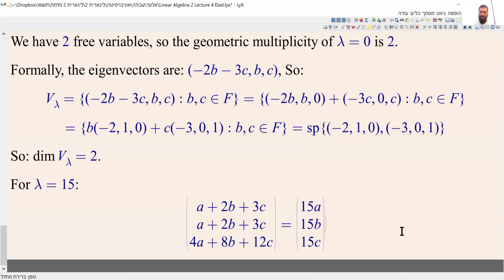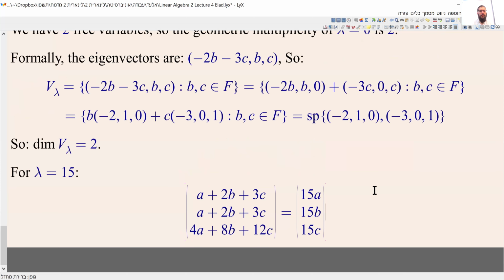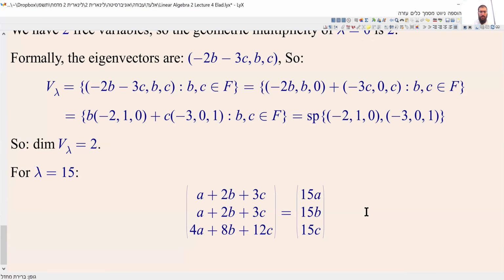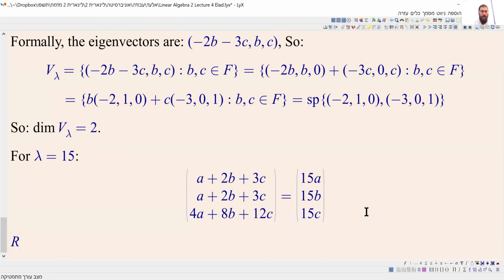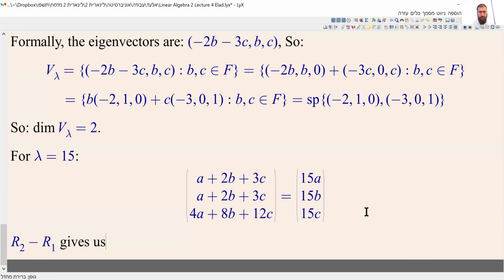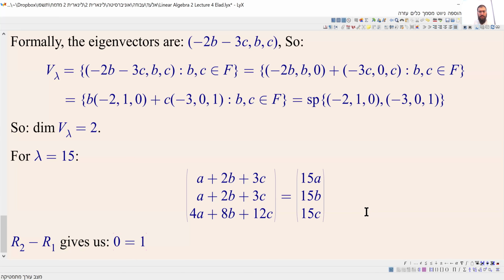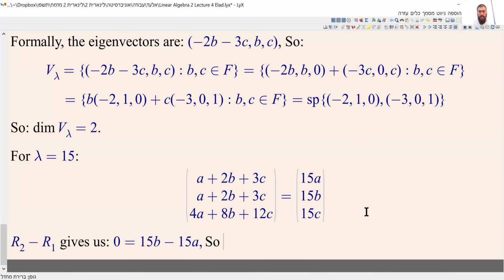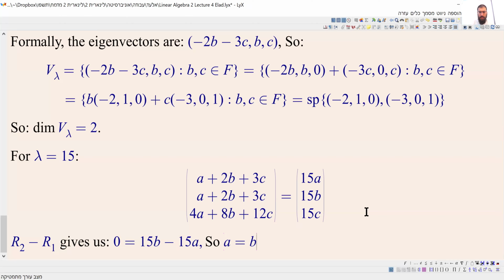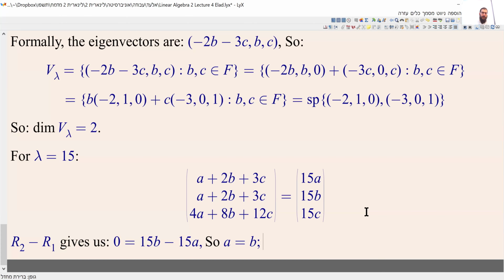How many free variables are there here? So from our first, if we do, let's see, R2 minus R1 or something like that, it gives us that 0 is 15a minus 15b or vice versa, it doesn't matter. So a is b. So a is not free, it depends on b.